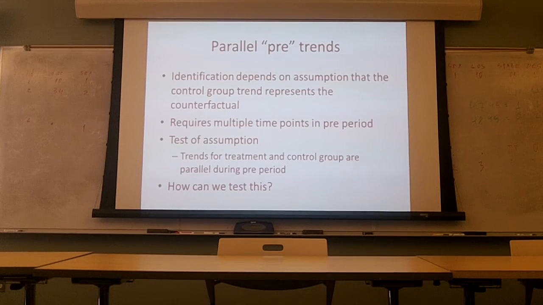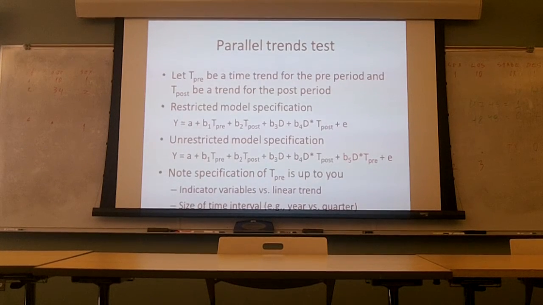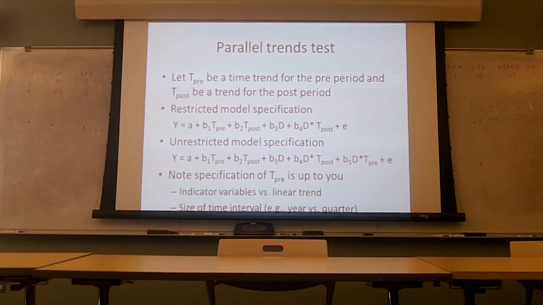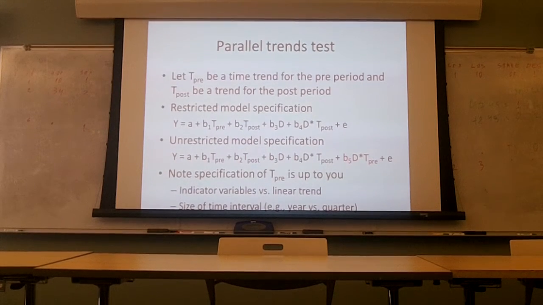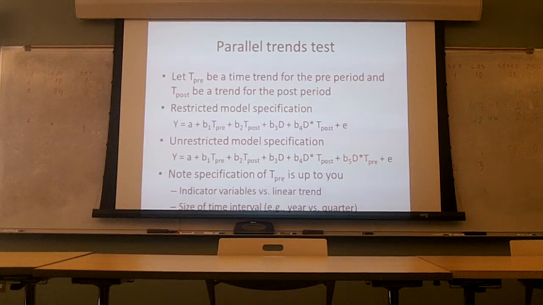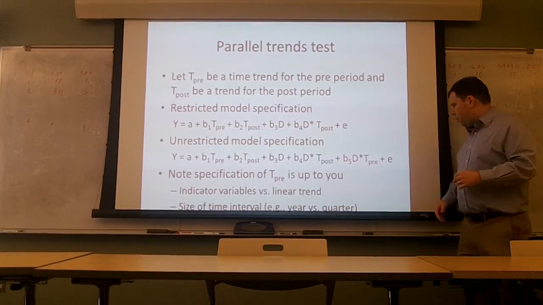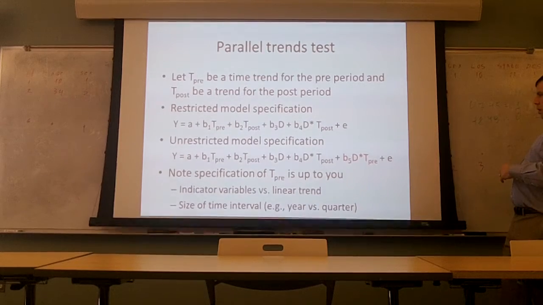So having said that, let me show you a little bit about the mechanics of how you'd actually go about doing this parallel pre-trends assumption test. Let's suppose we have 2 time trends: T sub pre is the pre-period time trend, T sub post is the post-period time trend. We're going to do a restricted-unrestricted model comparison test. So we have 2 model specifications.